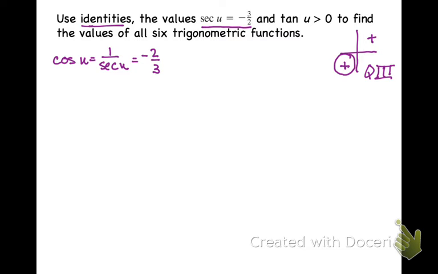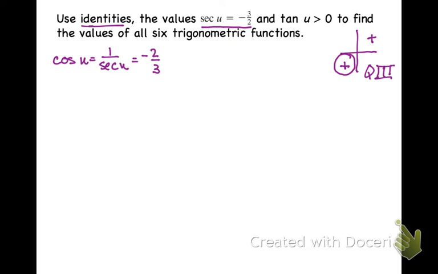Nope, we can't do a triangle. It says use identities. So I have secant. What other function is secant involved in? What other identity is secant with another? Do you have your Pythagoreans? Is secant involved with another function in their Pythagorean?